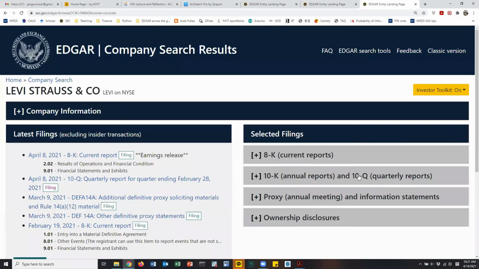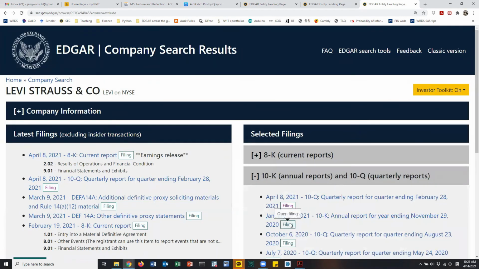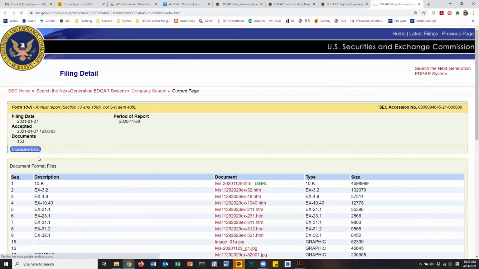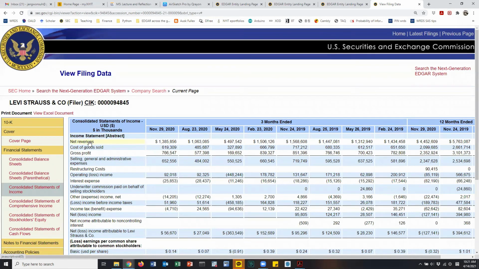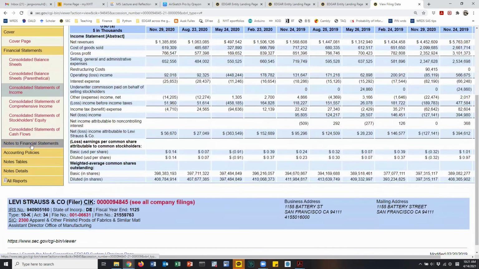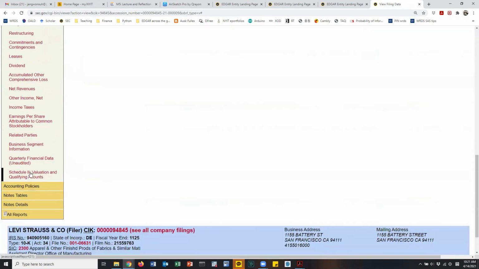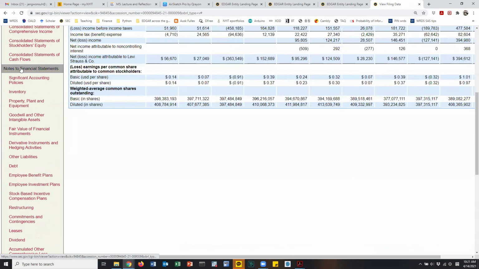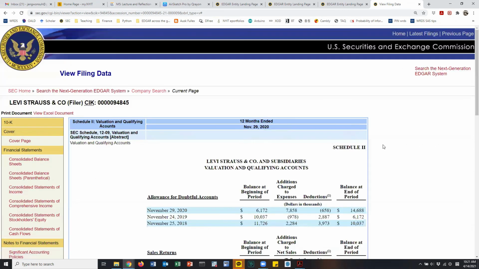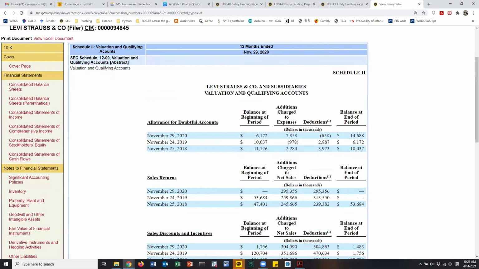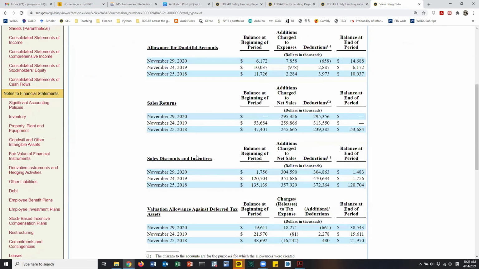Okay, Levi. We have a look at the annual report. And as we've talked, they are reporting net revenue, and usually at the end of the notes, you see valuation and qualifying accounts. Click it, and then you will see how much is returned back and how much sales discount and incentives are offered and the changes about them, right?